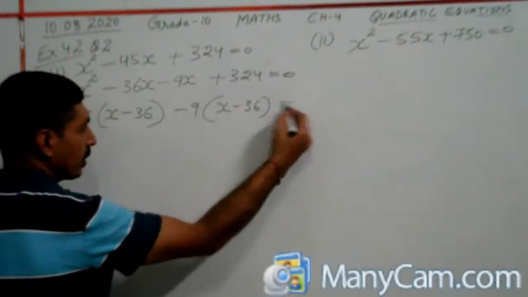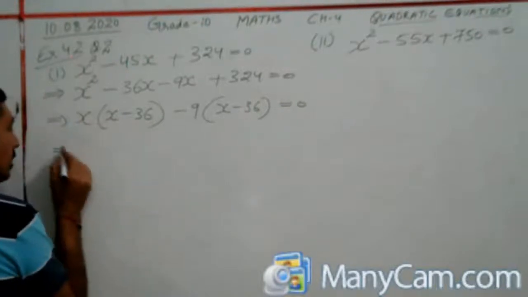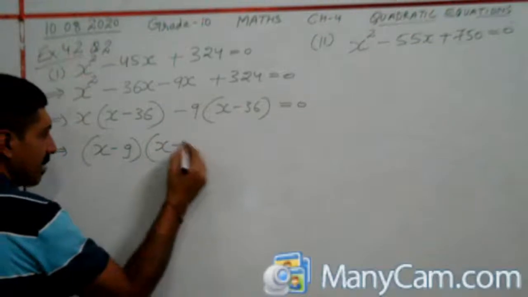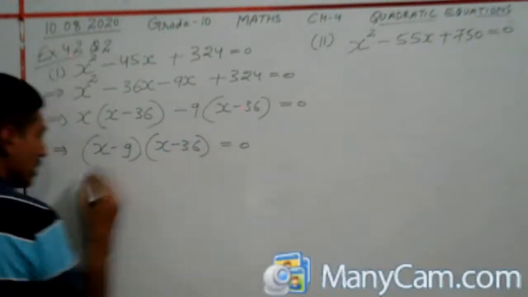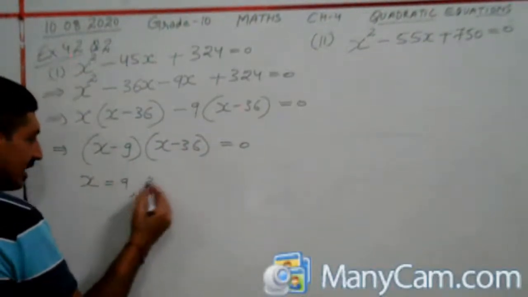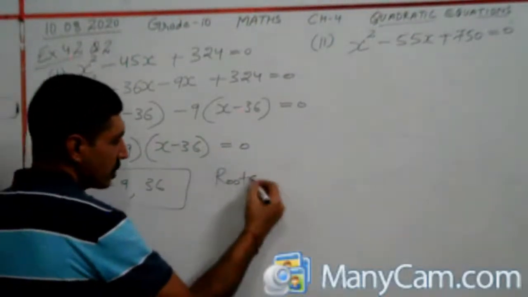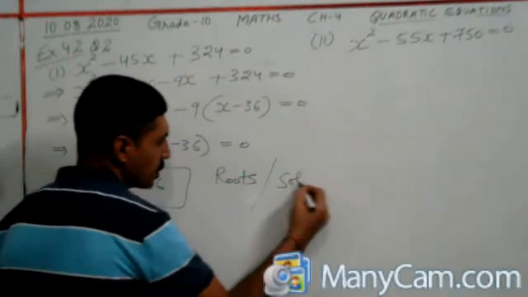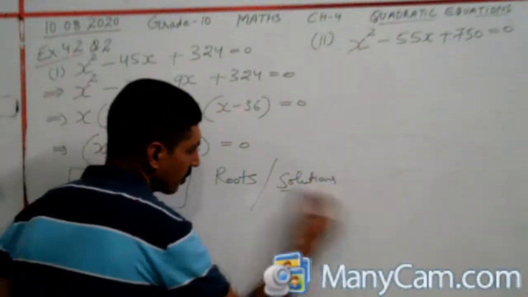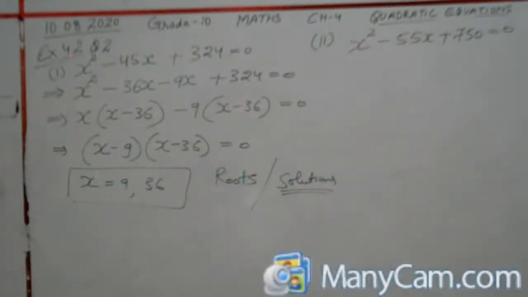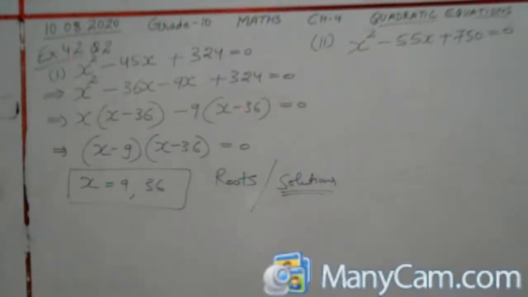So what we got: either x minus 9 or x minus 36 is equal to 0. So x is having two values, x is 9 or x is 36. These are the roots or solutions of this quadratic equation, right? Similarly, we can go for the second example.